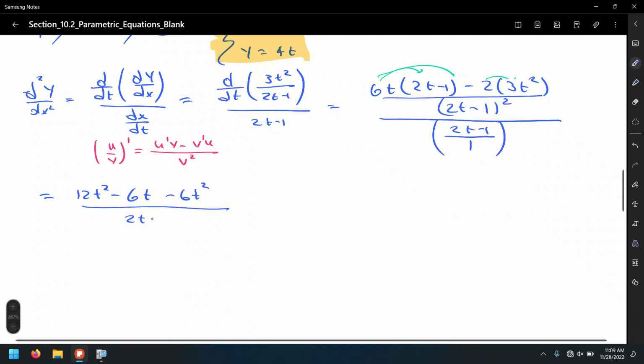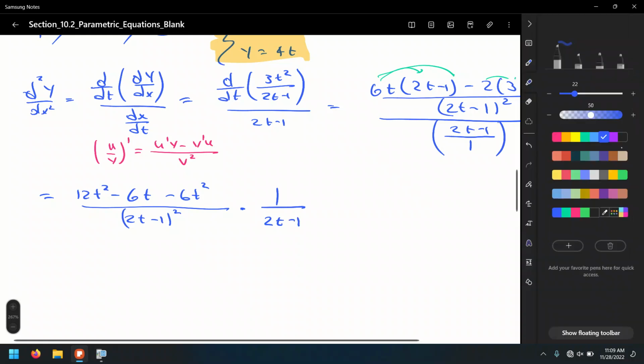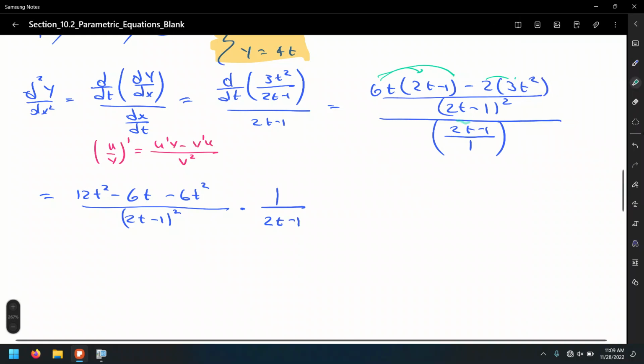Careful: 2t minus 1 quantity squared, which is the denominator of the fraction in the numerator, and then I'm going to multiply by the reciprocal of that fraction, which is 1 over 2t minus 1. Actually, I'm going to highlight this just so you can later see how this is turning out.